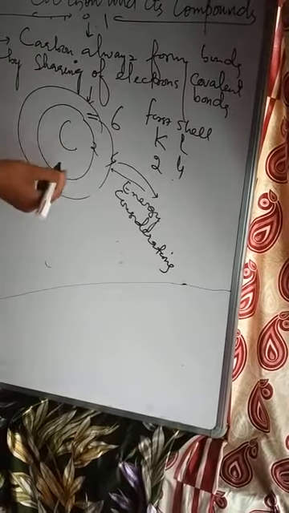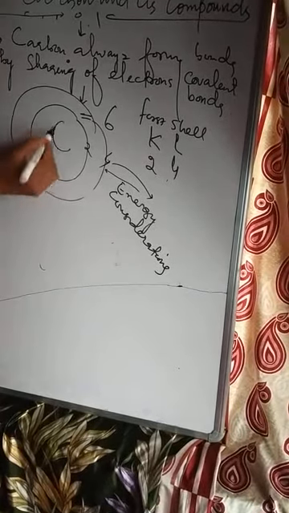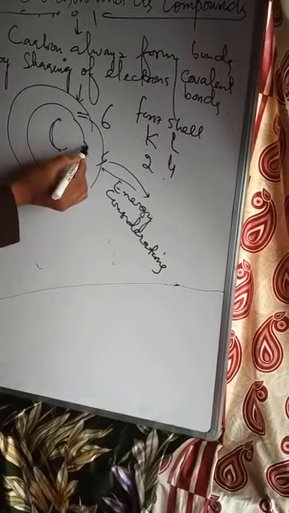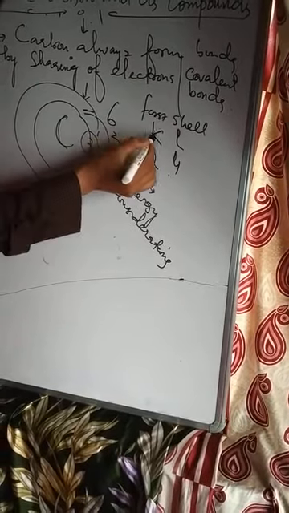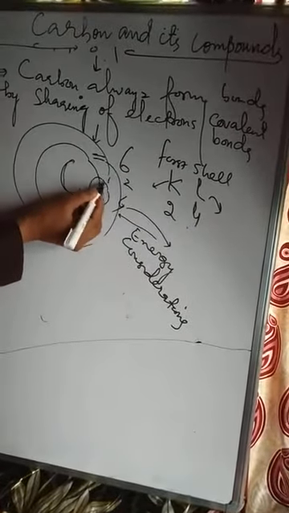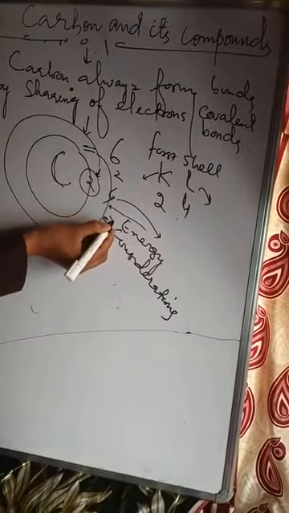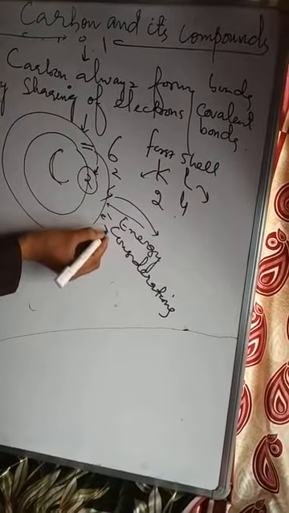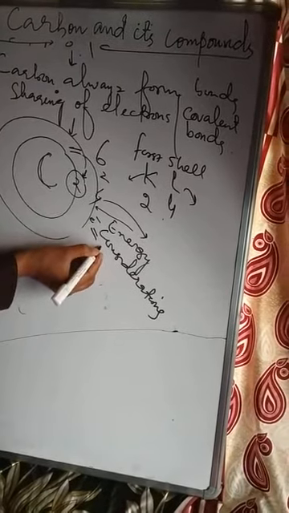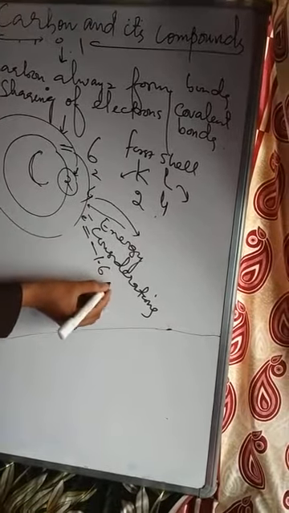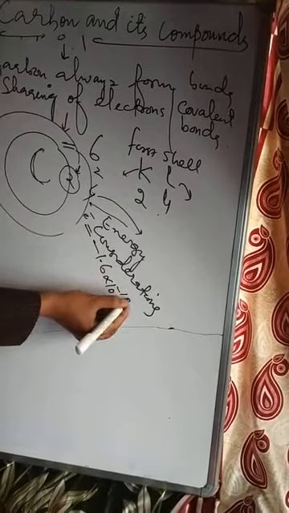Next thing I would like to add here, that carbon has only 2 shells, the K shell and the L shell. These negatively charged electrons have a charge of minus 1.6 into 10 raised to power minus 19 coulomb.